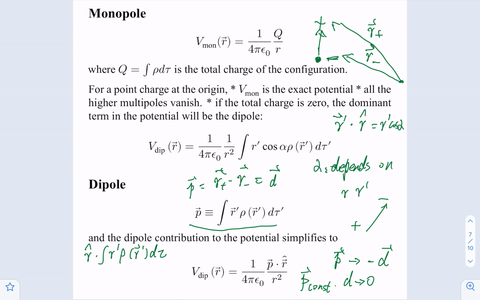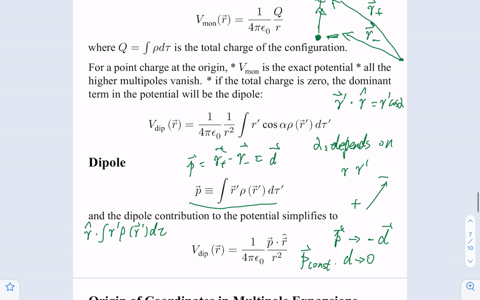Finally, I want to mention that we actually derived these dipole potentials in the homework. If you still remember, we calculated the case of two charged spheres that are separated by a distance d.